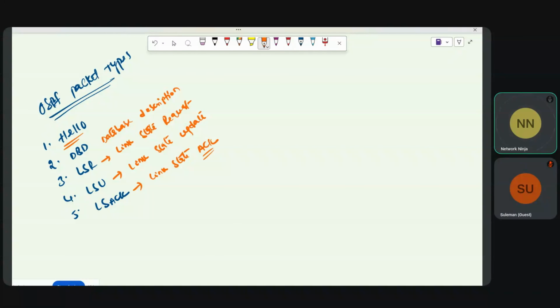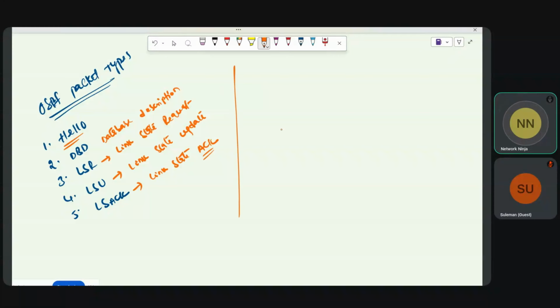So these are all the 5 OSPF packets. In an interview, if they ask you what the 5 packets in OSPF are, you can say: we have 5 packets in OSPF: hello packet, DBD, database description, link state request, link state update, and link state acknowledgement.